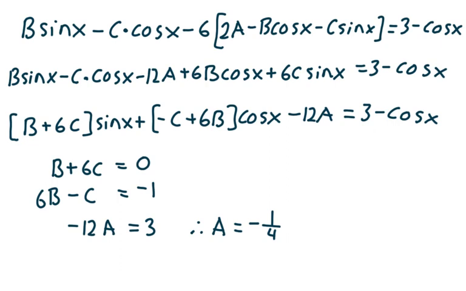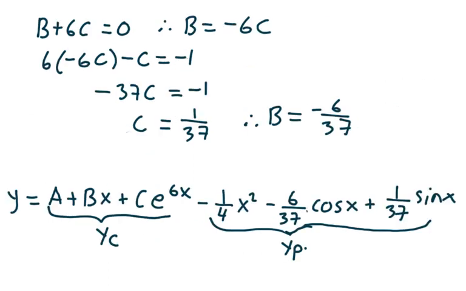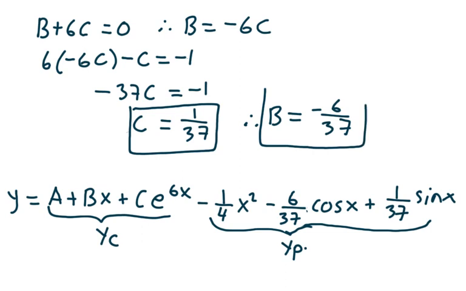So it's pretty involved, and my goal is to solve for a, b, and c. When I solve for a, I get a equals negative 1/4. If I solve for b and c, I get c equals 1/37 and b equals negative 6/37.